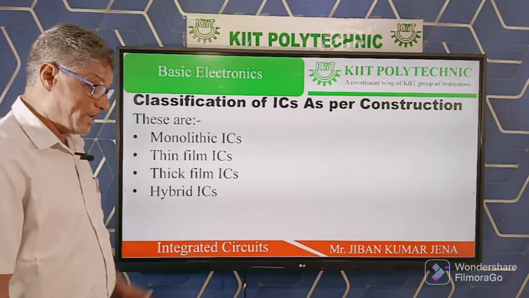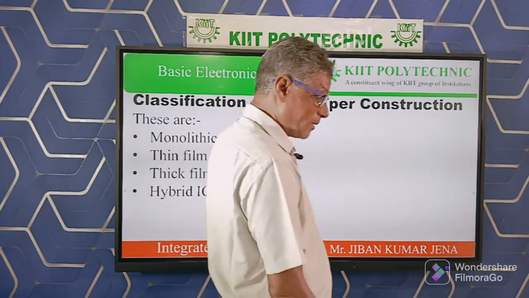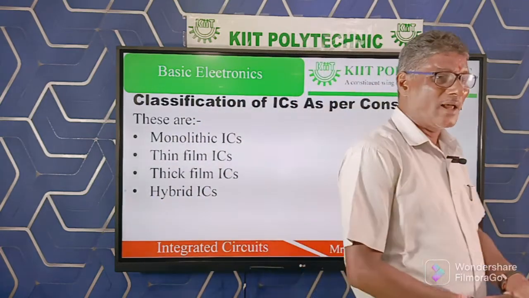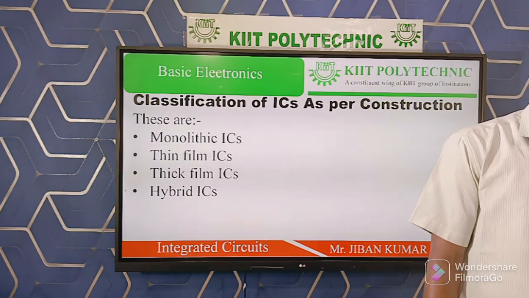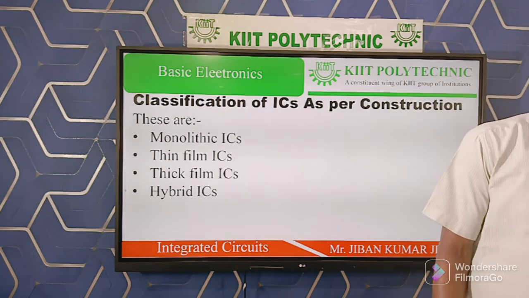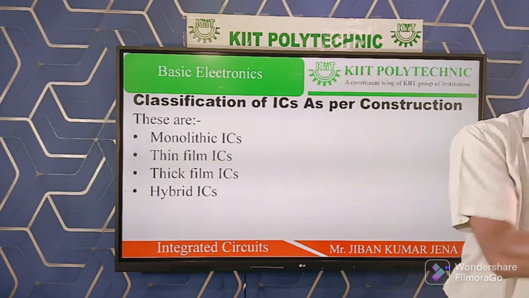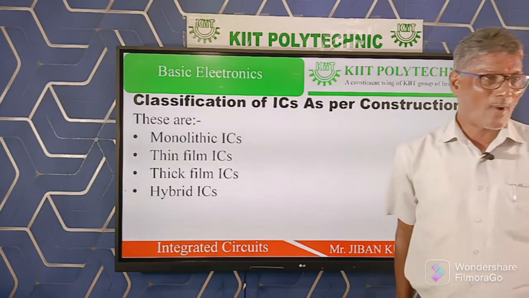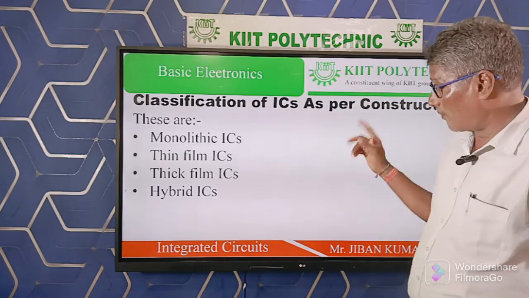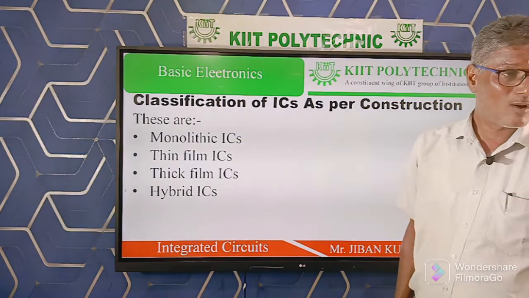Next come to thin film type IC. Here a non-insulating material can be used as a base, that means the substrate. Over that substrate, a number of passive and active components can be installed.